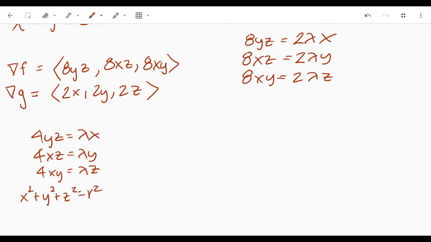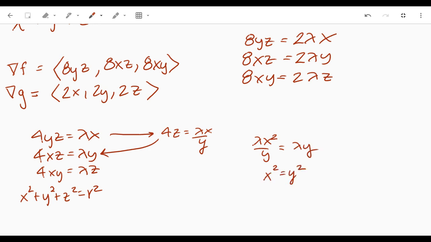I'm going to take this first one and rearrange it. So 4z equals lambda x over y. And then I'm going to plug it into this one for 4z. So 4z times x, so lambda x squared over y equals lambda y. So x squared equals y squared.